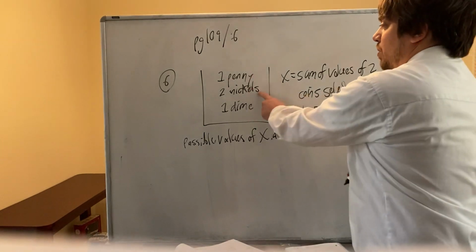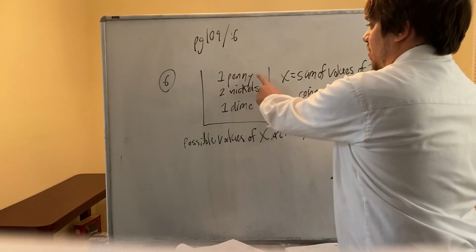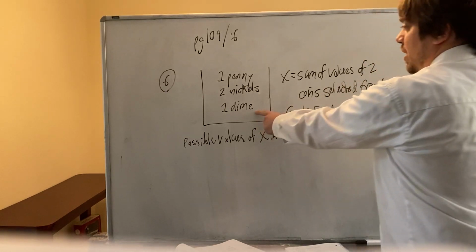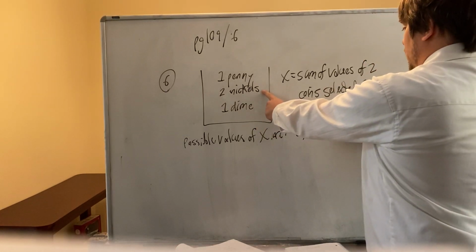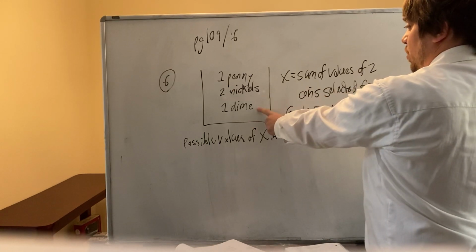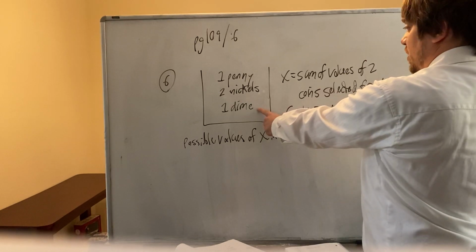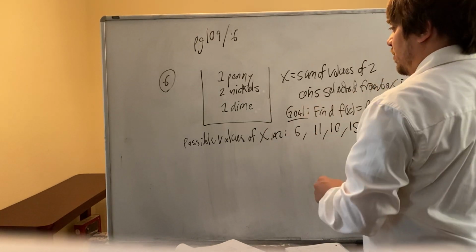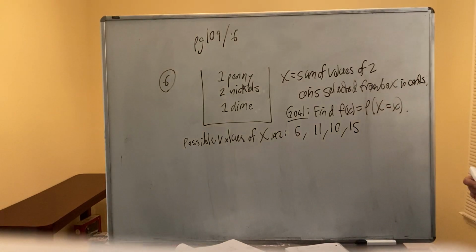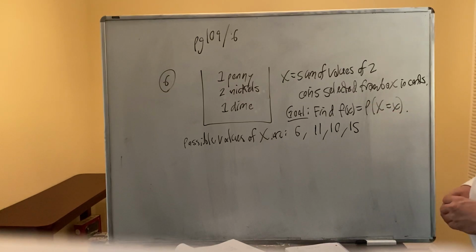If you have 1 penny and 1 nickel, that's 6 cents. If you have 1 penny and 1 dime, that's 11 cents. If you have 2 nickels, that's 10 cents. If you have 1 nickel and 1 dime, that's 15 cents. And those are the only possible values of X.